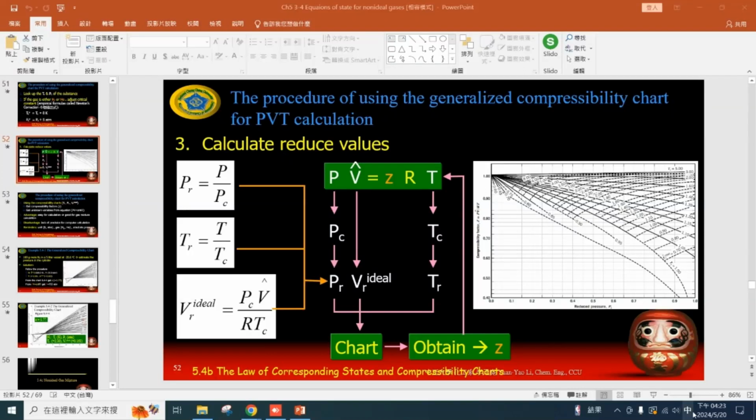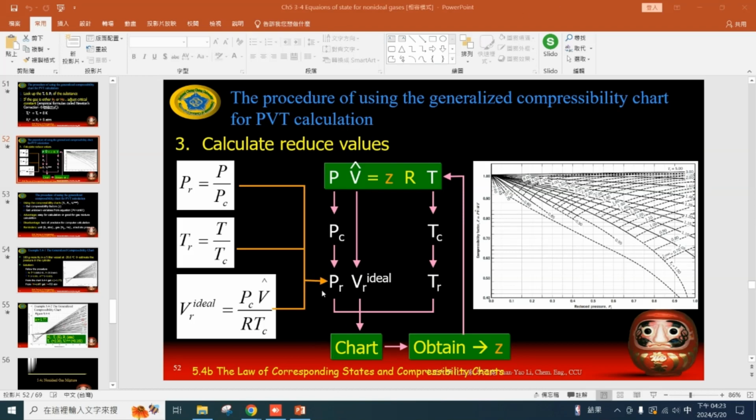Last week there was a very important topic we talked about. That was the measurement to get the answer of the compressibility factor, right?